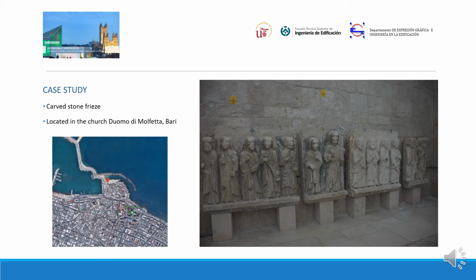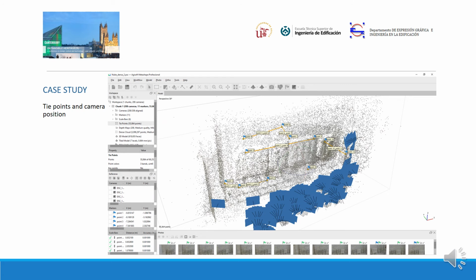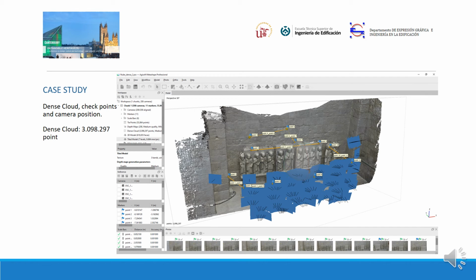First of all, we place the necessary control points and tie points to then be able to make the dense cloud. In this slide, we see the dense cloud result along with the control points and camera path.